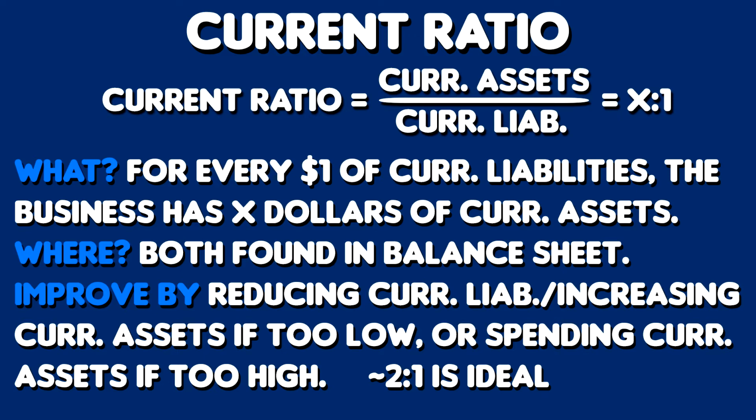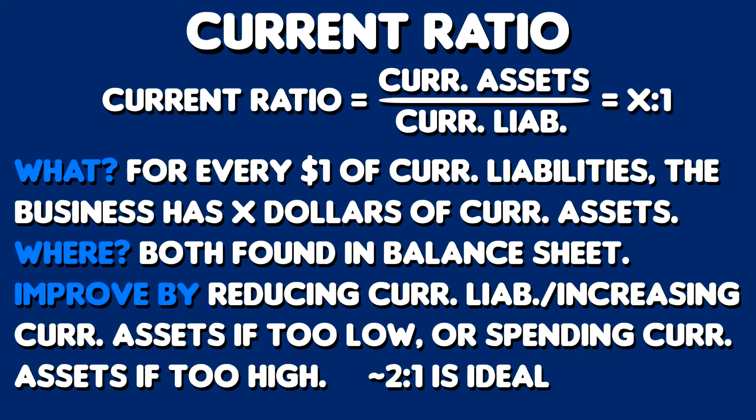If the ratio is, say, 1 or 1.5 to 1, that means that for every dollar of debt, we've only got $1 or $1.50 of assets. So if we need to spend all our money, we may not have a lot of assets left over to continue on with the business. A ratio of 2 to 1 is ideal. So we have $2 of assets for every $1 of liabilities. Both of these figures can be found in the balance sheet.